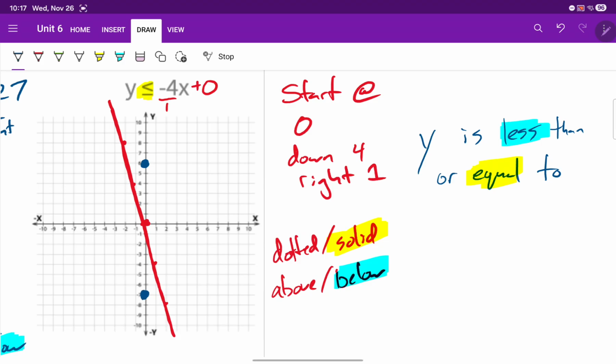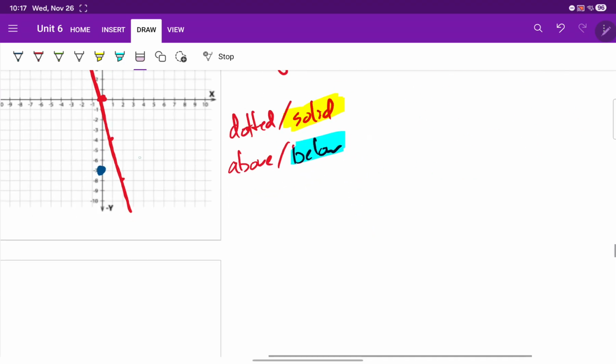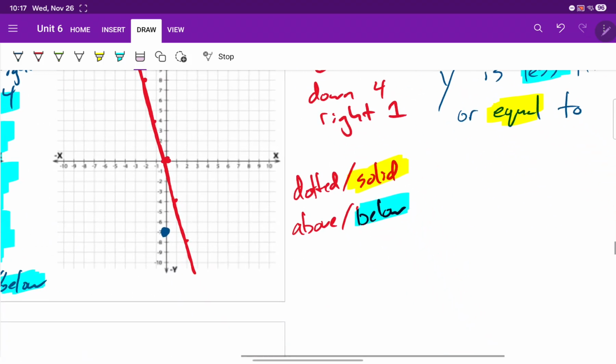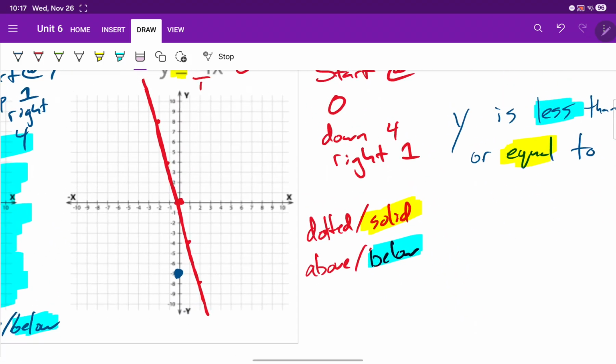And I'm going to ask you all, which point would you say is above this line? Okay, what point is above this line? I'm hoping that we're saying the one that is at -7. Well, that one down there. And so we are going to shade in below the line.